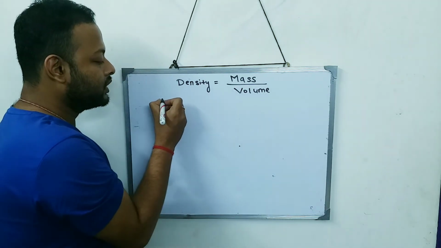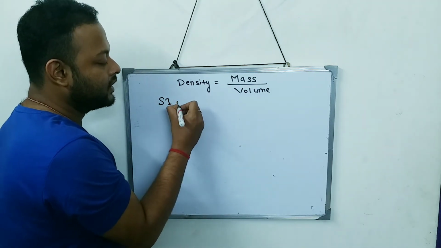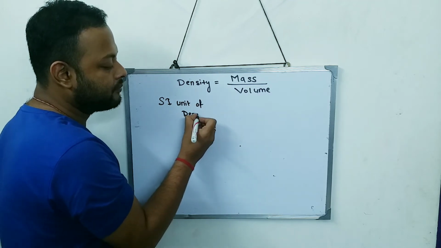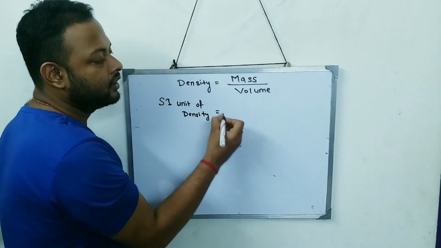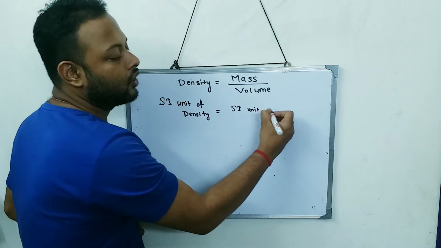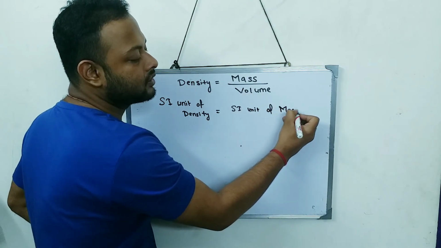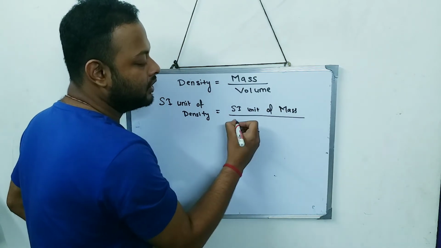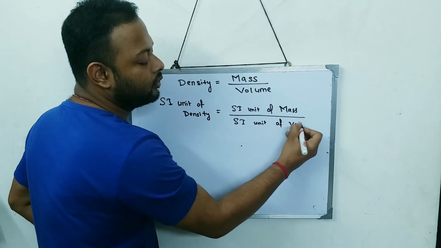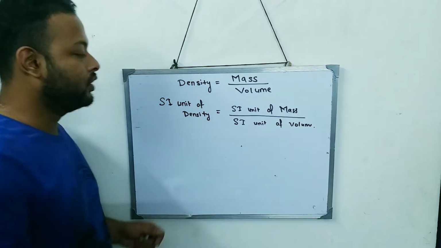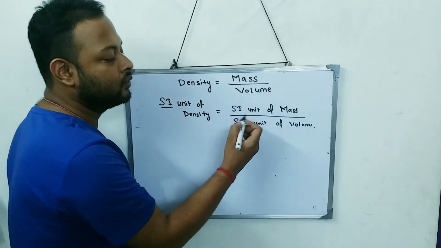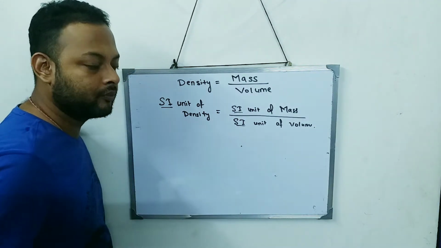Now if you want to know the SI unit of density, it will be nothing but the SI unit of mass divided by the SI unit of volume. So to get the SI unit of density, I have to divide the SI unit of mass by the SI unit of volume.